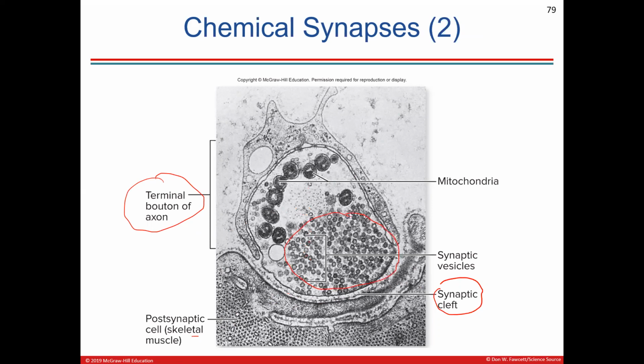You're storing a neurotransmitter in all of those. And of course, you need mitochondria in both, not just the neuron. So this is a neuron. I should say that. This is the axon terminal of a neuron. This down here is skeletal muscle. So we're talking about muscle contraction.